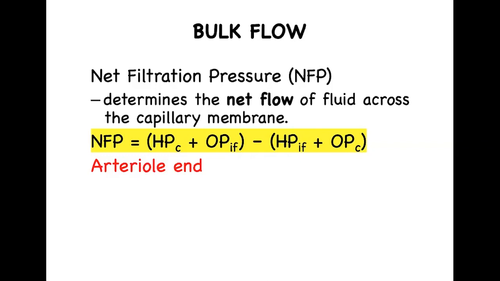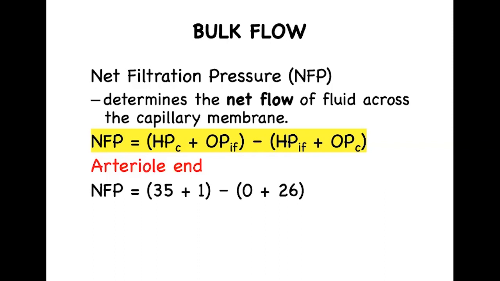Let's look at bulk flow at the arterial end of the capillary bed. We'll plug in the numbers. The net filtration pressure at the arterial end will equal the hydrostatic pressure in the capillary, which will be 35 millimeters of mercury, plus the osmotic pressure in the interstitial fluid.